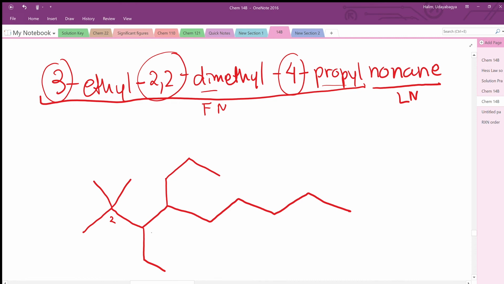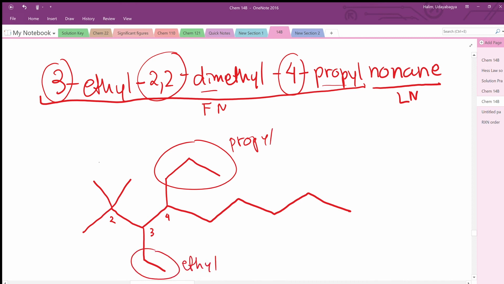So 2, 3, and 4. This is a propyl. This is an ethyl. And this is 2 methyl. Hence, it's called a dimethyl. So this is your main carbon, and then the first one is here, second's there, and the third carbon's there.